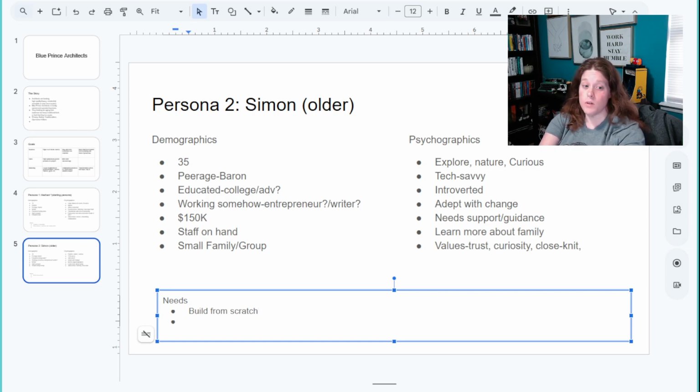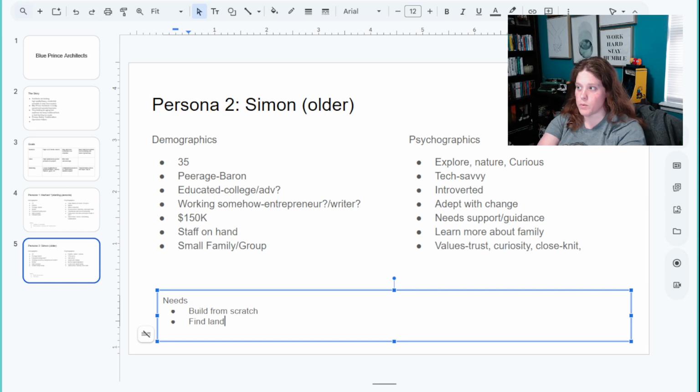And so they have that time to build from scratch and say, okay, I want to do this renovation, but I want to build it from scratch versus do an upkeep of what is already there. So, build from scratch, and finding land.